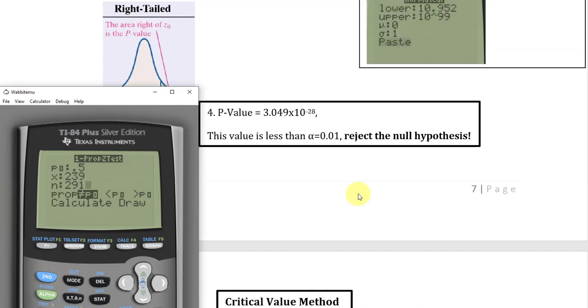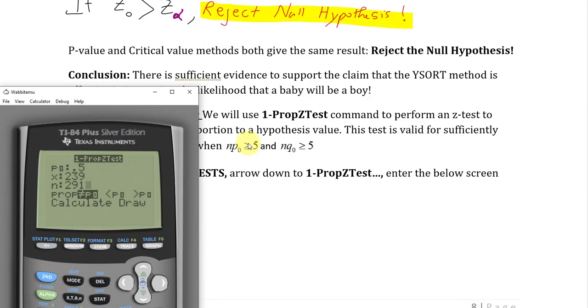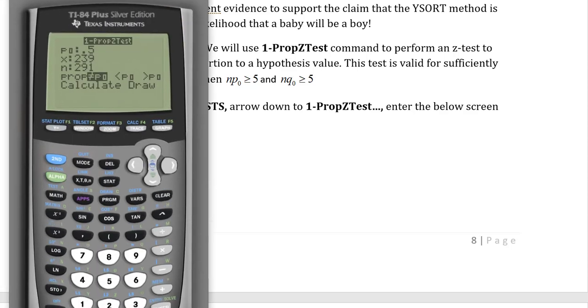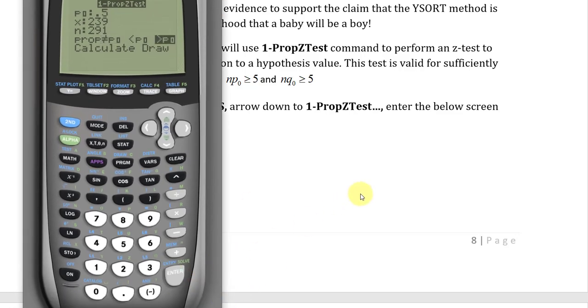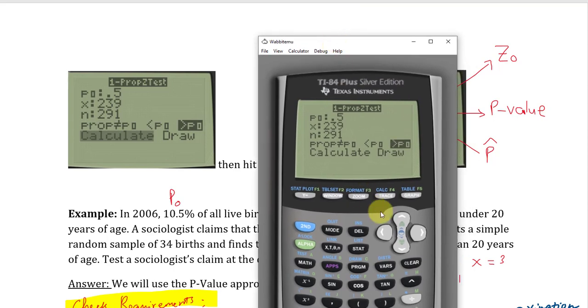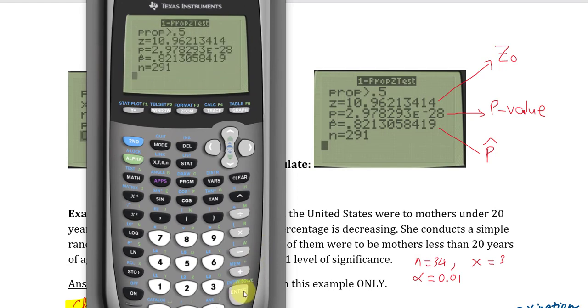Now we are looking for the right tail test, and therefore you want to pick the right tail, which is the third option, and then hit the enter key. Make sure you pick the correct right tail test, and then you want to click calculate here, and then hit enter, and now you get everything here.